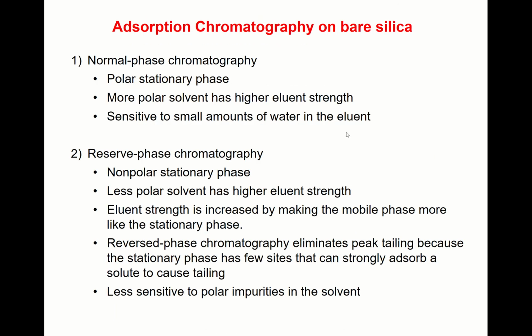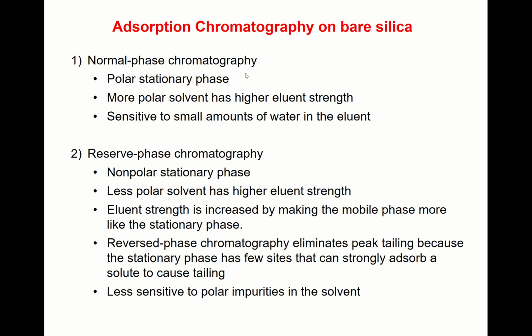Let's consider adsorption chromatography on bare silica. We considered two chromatographies. The first one is normal phase chromatography, in which the stationary phase is polar. When you use a polar stationary phase, that is normal phase chromatography.